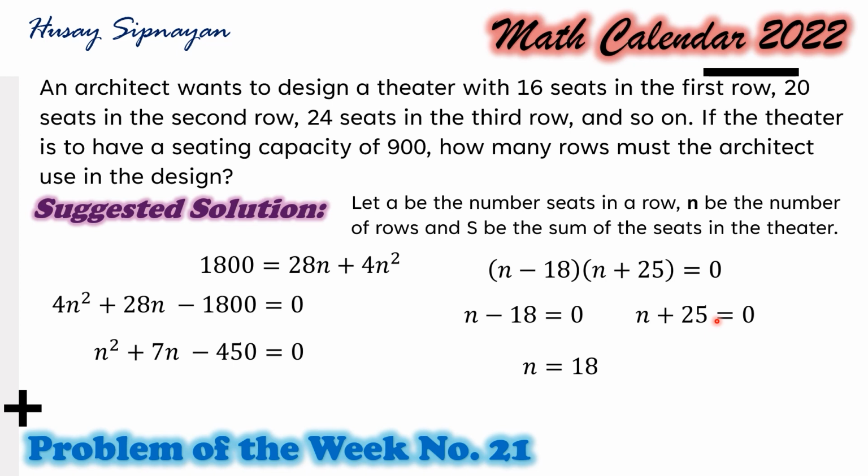Subtracting 25 from both sides of this equation, we'll have n is equal to negative 25. We know that n is the number of rows inside the theater, then n must be a positive integer. So for our solution, we have n is equal to 18. There are 18 rows inside the theater, and n equals negative 25 is an extraneous root of the resulting quadratic equation.